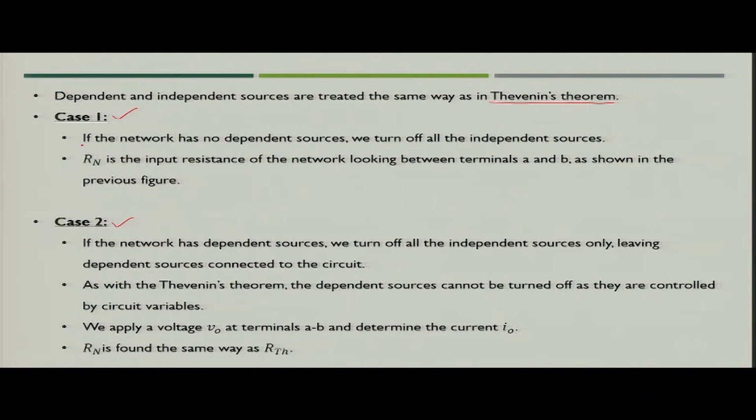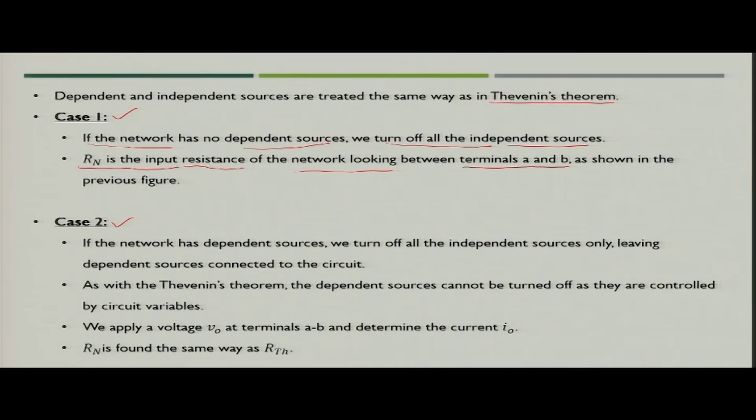The first case is when the network contains no dependent source. In that case, we simply turn off the independent sources. Now, what would be the value of Rn? Rn would be nothing but the input resistance of the network looking between the terminals A and B.